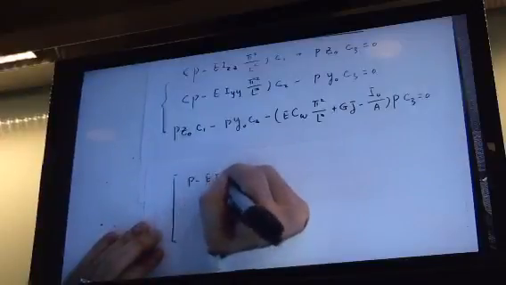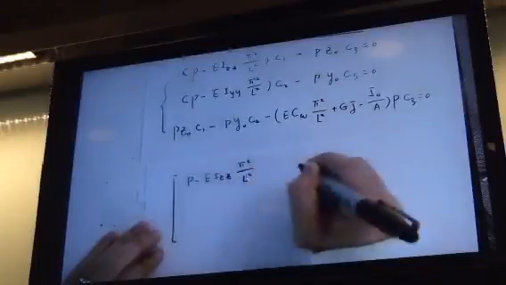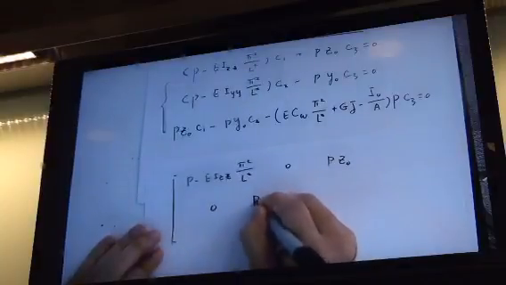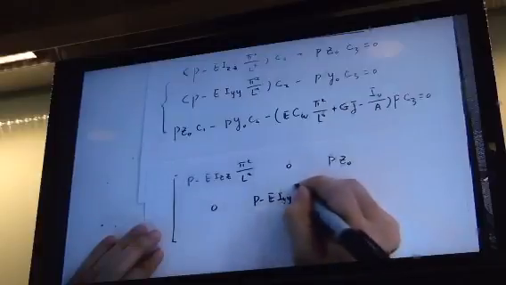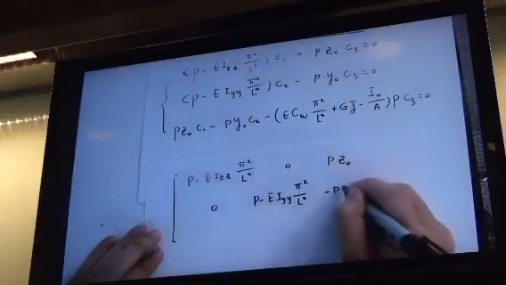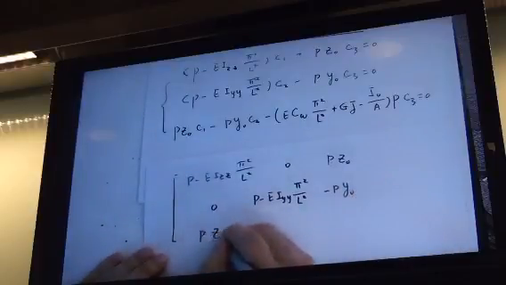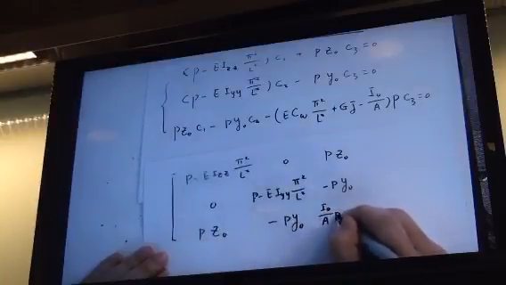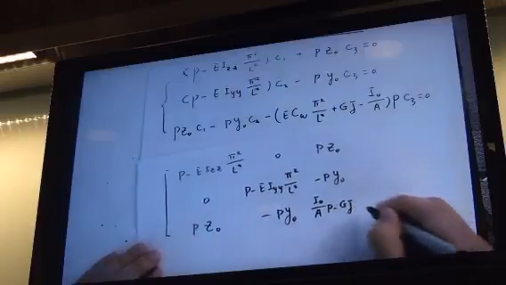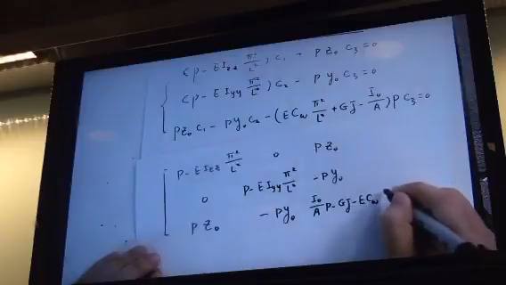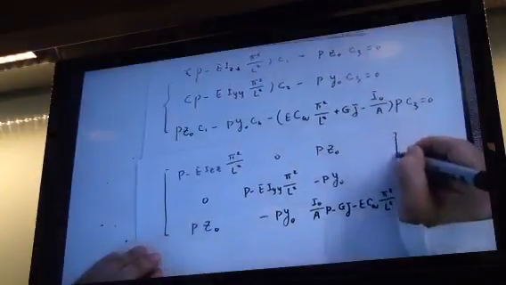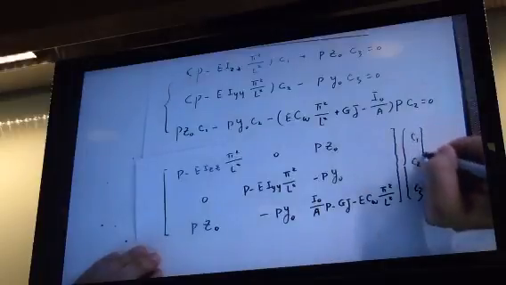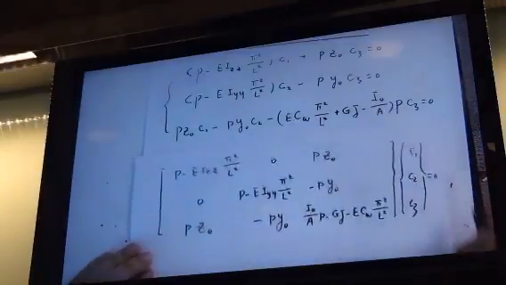P minus EIZZ, 0, P0, 0, P minus EIYY, minus Py0, Pz0, minus Py0, P, GJ, minus ECW I squared L squared, times C1, C2, C3, equal to 0.